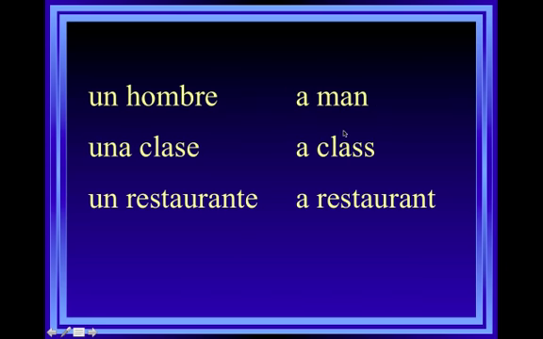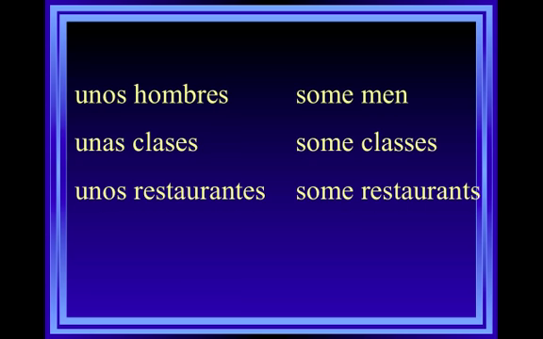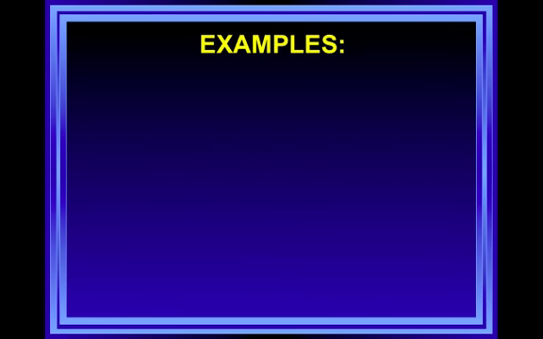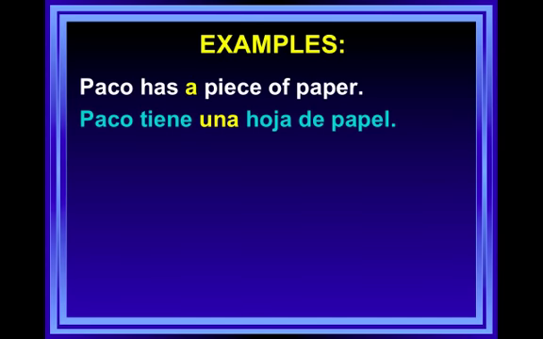So I'll begin to go through the presentation a little bit faster, assuming that you understand that number and gender have to match between the article and the noun. Now these are all plural. And here are a couple examples that I'll go through real quick. Paco has a piece of paper. Again, this is an indefinite article because it's not a specific piece of paper, it's a random, indefinite piece of paper.